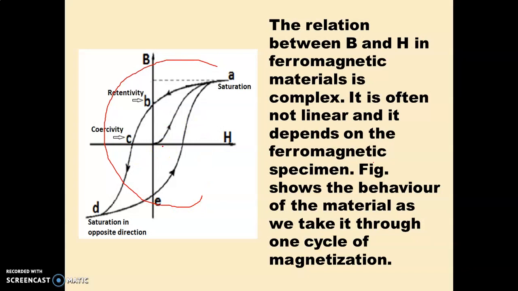This is very important. That means if we take another cycle, then what happens? It may be a different graph or graphical representation. Therefore this particular thing shows only the magnetization of one cycle.